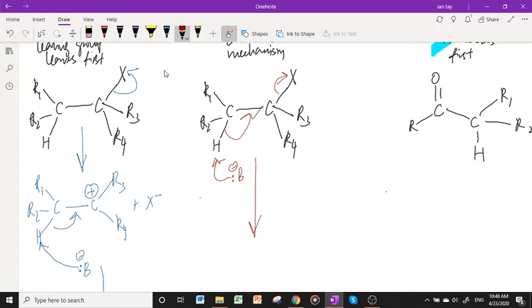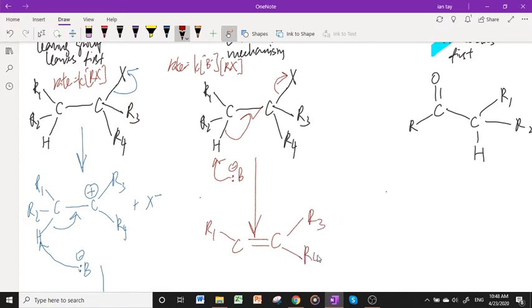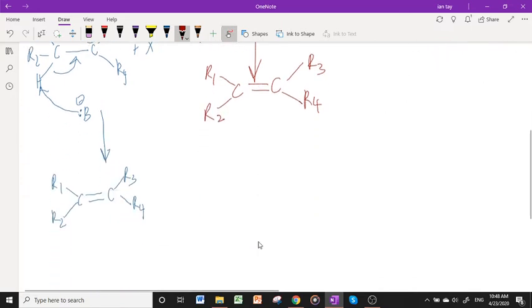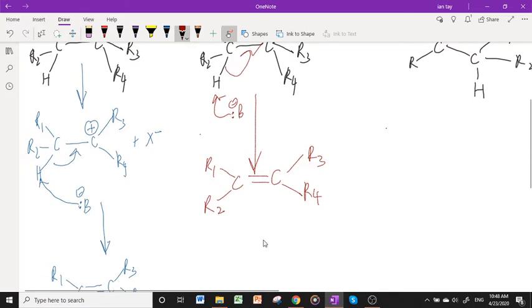So we can say that the rate depends on both the base and the halogenoalkane, while over here the rate is just dependent on the halogenoalkane. So you will get the same product. However, we will note that sometimes, for example in cyclic compounds, the stereochemistry may differ.